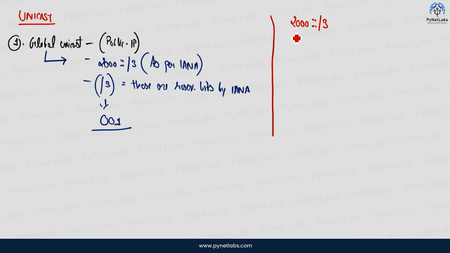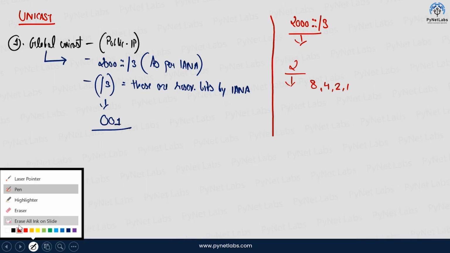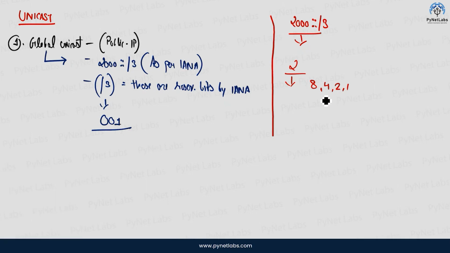If I convert the value 2000, say the first digit given to me is 2. We know that inside this specific digit there are 4 bits: 8, 4, 2, 1. If I convert this into binary, 8 is not there, 0. 4 is not there, 0. 2 is there, 1, and 0. So 001 is the reservation given by IANA, and the last value is 0.